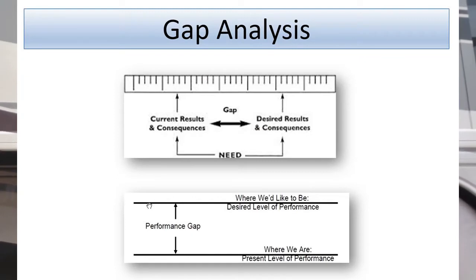It's a relatively short lesson, might only take us a half hour, 45 minutes or so, but it's a very important lesson because what we're going to be doing is first defining what that gap analysis is, and we're going to see a little video that kind of covers that.